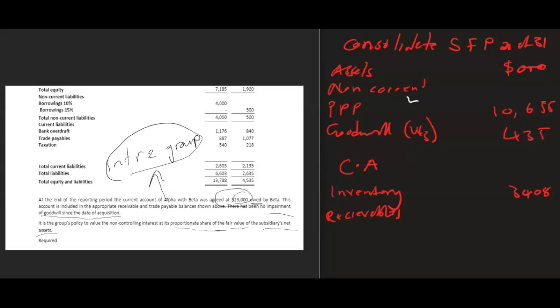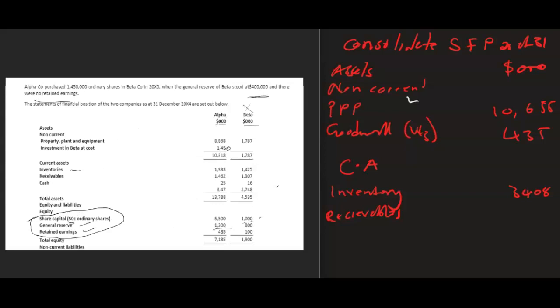But remember they're saying it had been recognized in the appropriate receivables and payables. So we have to remove it because it was included. So for receivables, we are going to add this and this, then minus 23, right? Okay, so the receivables will be 2,746, right?